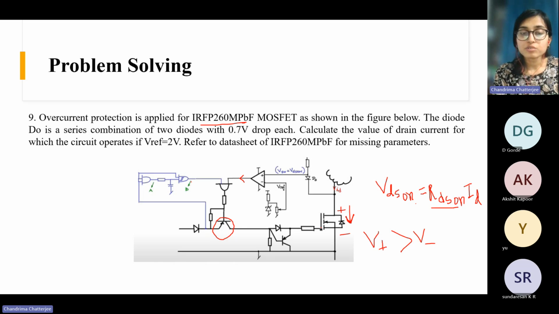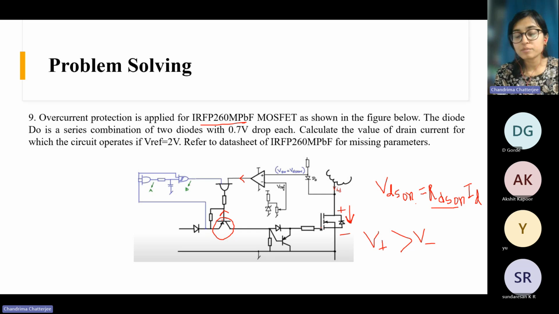So for now, you don't see this circuit. You just assume this point is connected here. So if this point is high, this potential is high, and then this is a PNP transistor. So the base current has to flow like this. If this potential becomes high, then there is no base current here.